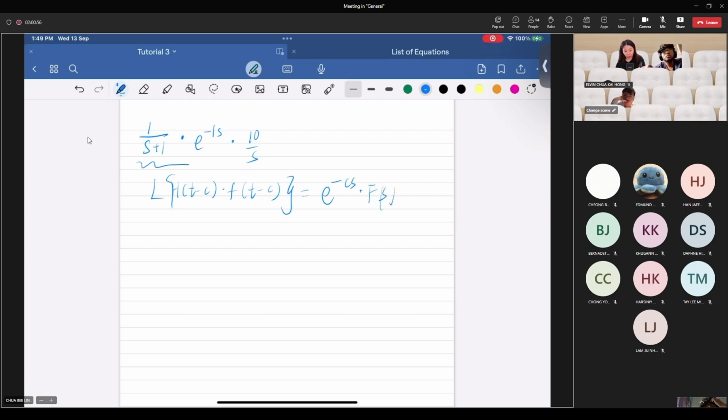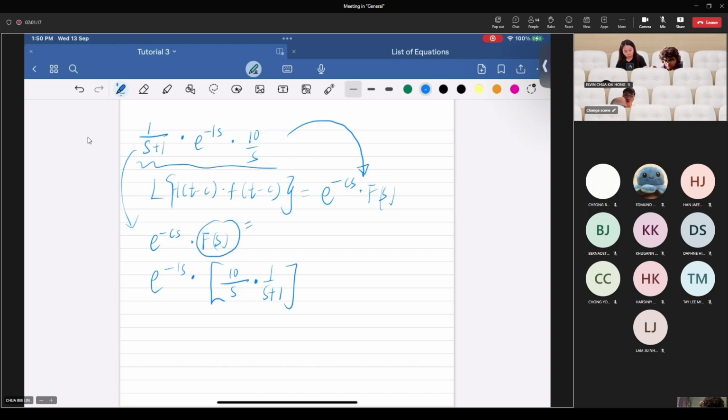So now you are in the s response, so you have to make the pattern to fulfill this pattern. So I will change e to the negative cs dot F(s) to be e to the negative 1s dot the rest of it, which you group together under F(s). Which means your F(s) will be 10 over s multiplied with 1 over s plus 1.